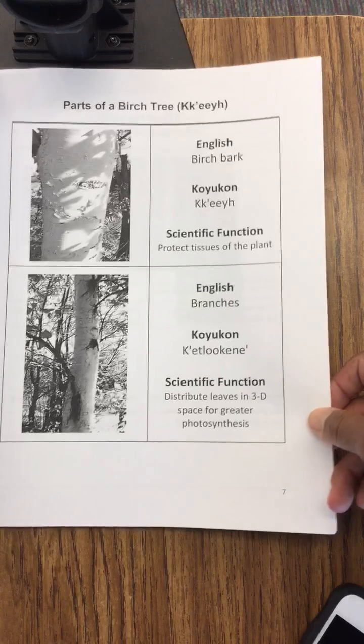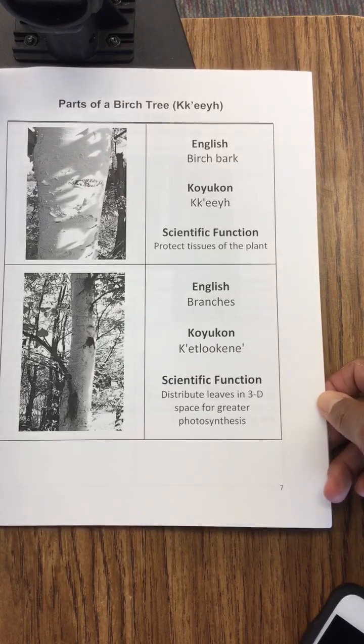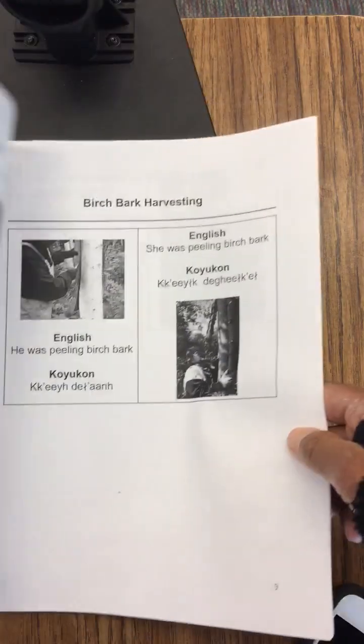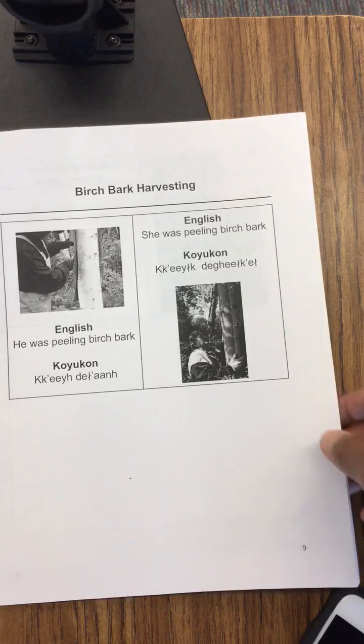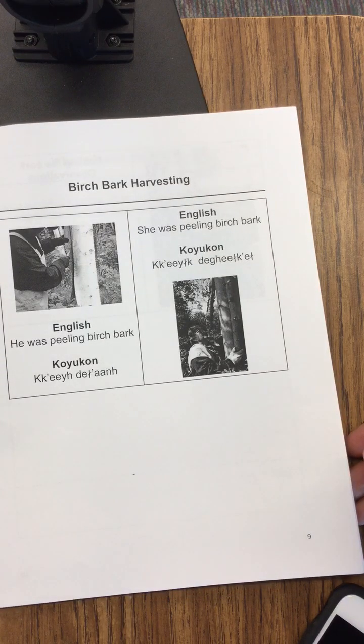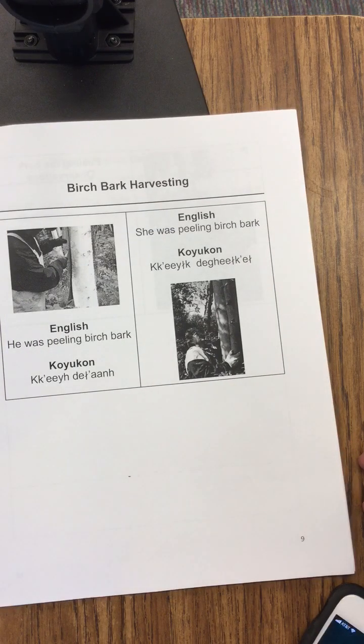Birch bark, Kish. Branches, Ketlu Kena. He was peeling birch bark, Kish Desan. She was peeling birch bark. Same thing.